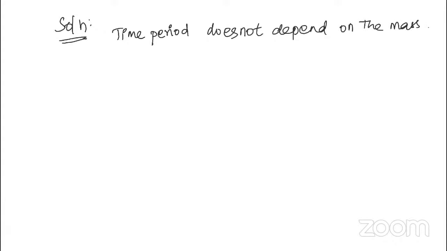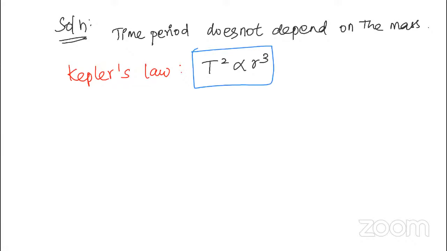So in this we are not going to use the mass values in our calculations. From Kepler's law, we are taking the relation that T squared is proportional to r cubed. So here we are having satellite A and satellite B.